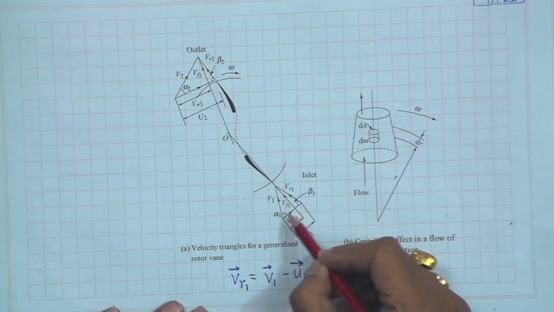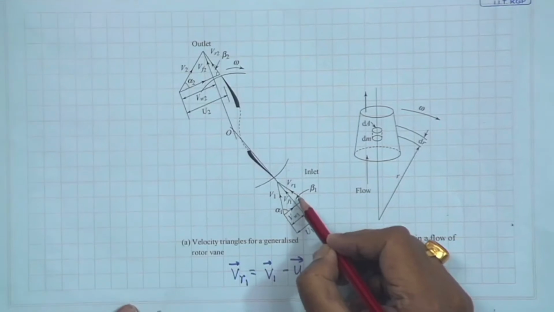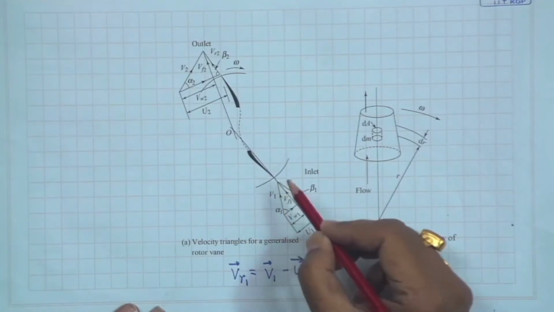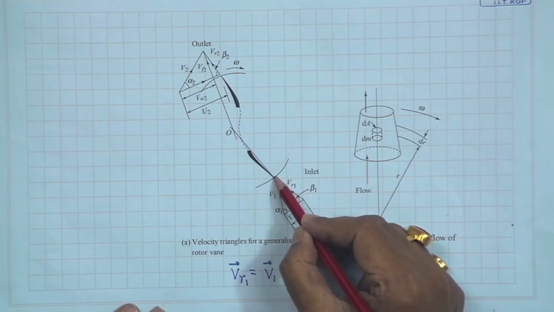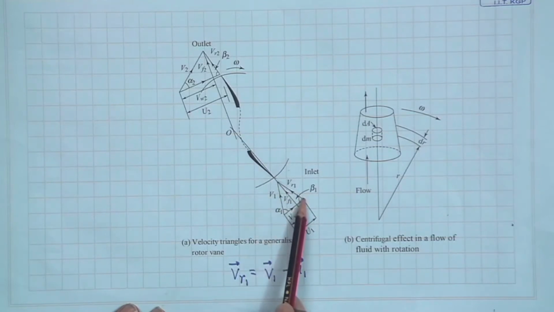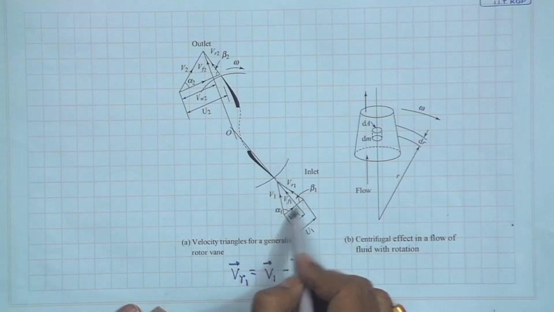If we draw it to scale and complete this triangle, this will be the direction of the relative velocity. That is the velocity with which fluid is entering the rotor blade at the inlet with respect to the rotor. To show this relative velocity, we draw this velocity triangle, which is the vector triangle.